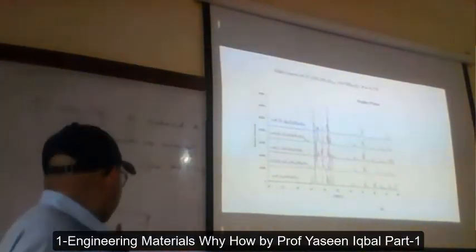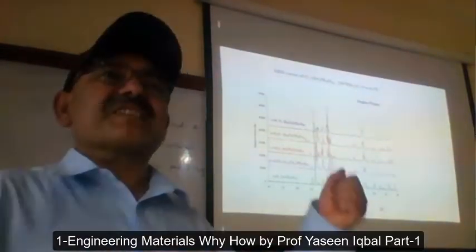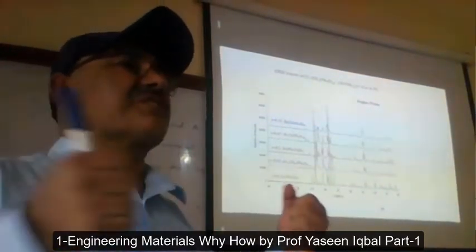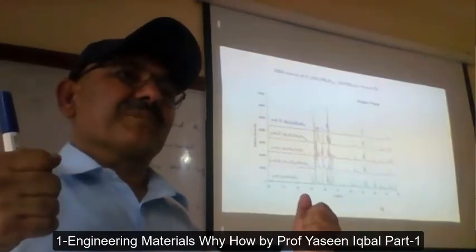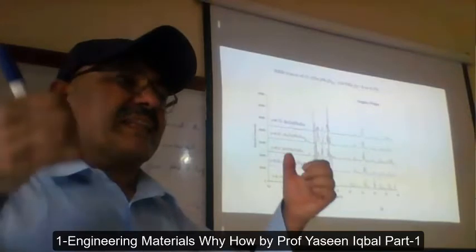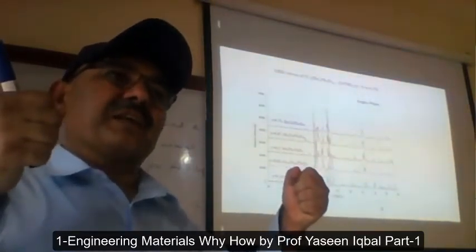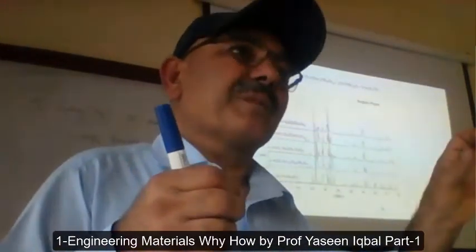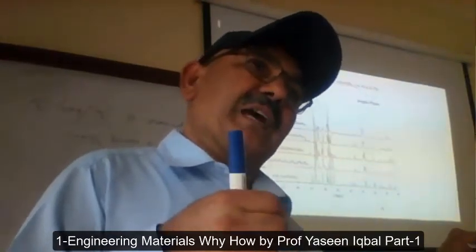If you change this one cation, if its size increases, it creates tension inside the unit cell, and that tense situation restricts the movement of the ion. If you put a smaller cation there, what will happen?